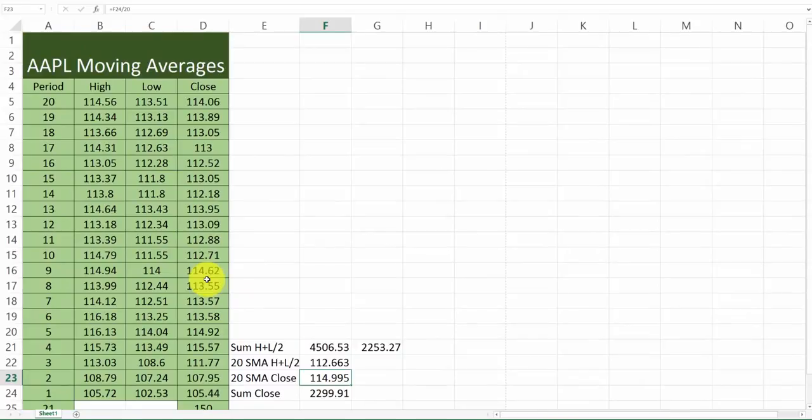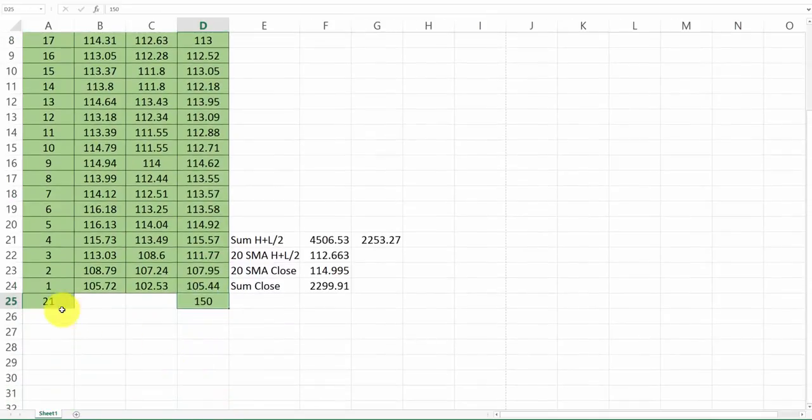If you're using buy and sell signals based on moving averages, the 20 SMA is going to take longer to update, and as you increase that length, from 20 to 50 to 100 to 200 day SMA, it's going to take longer to react to any big price movements because it's taking so many different values into account.